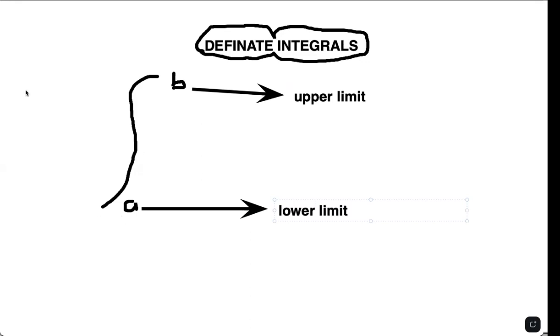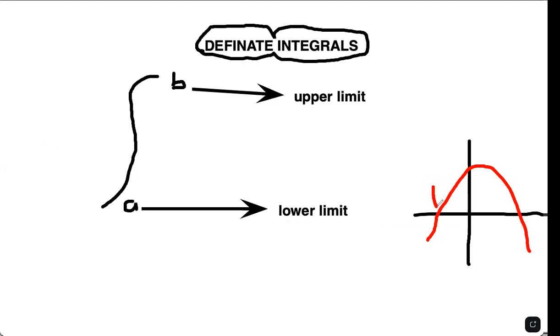Let us say you have a graph in an x-y plane, and then they say this is a graph that we have. I'm just giving an example of how these limits are applied. Let us say this is a graph.